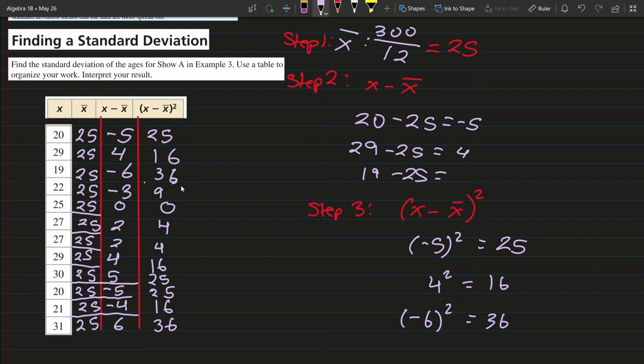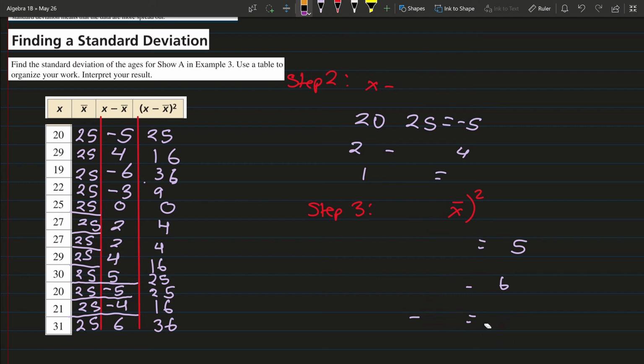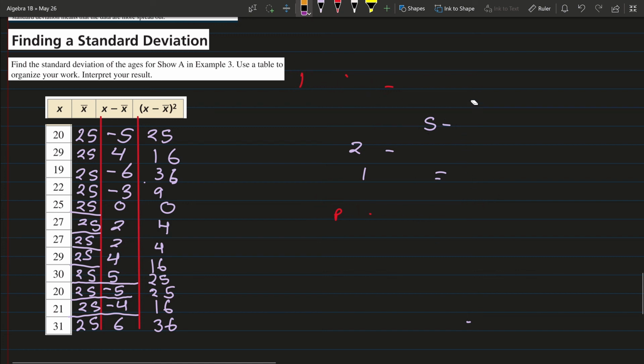All right, so now what we're going to do is we're going to add these all up. Okay? Let me erase this. So that's our step 4. All right, let's get started.